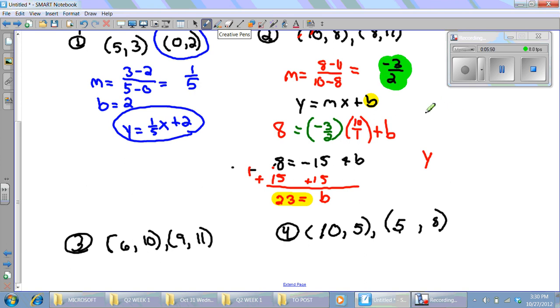I'm going to fill those numbers into the equation y equals mx plus b. So I have y, and that's going to equal the slope times x plus 23, and I am done.